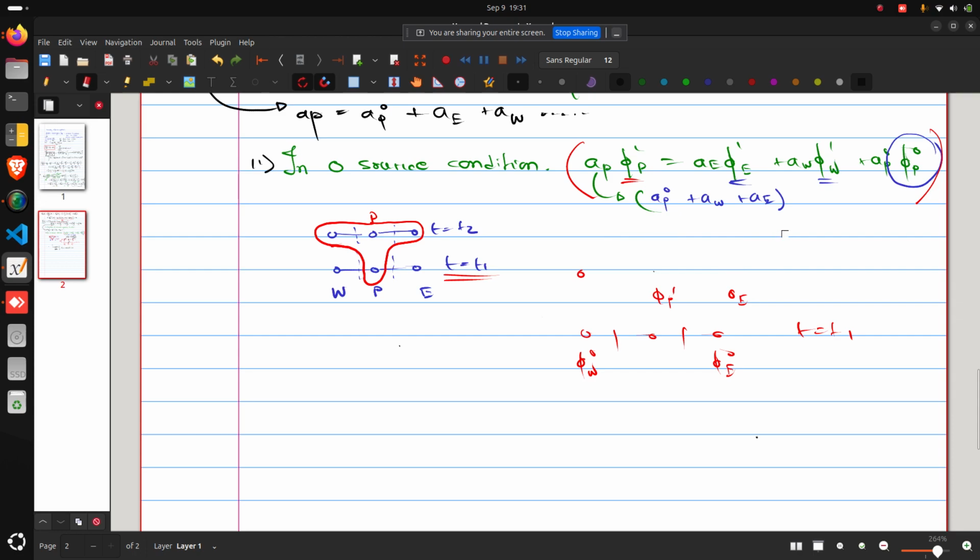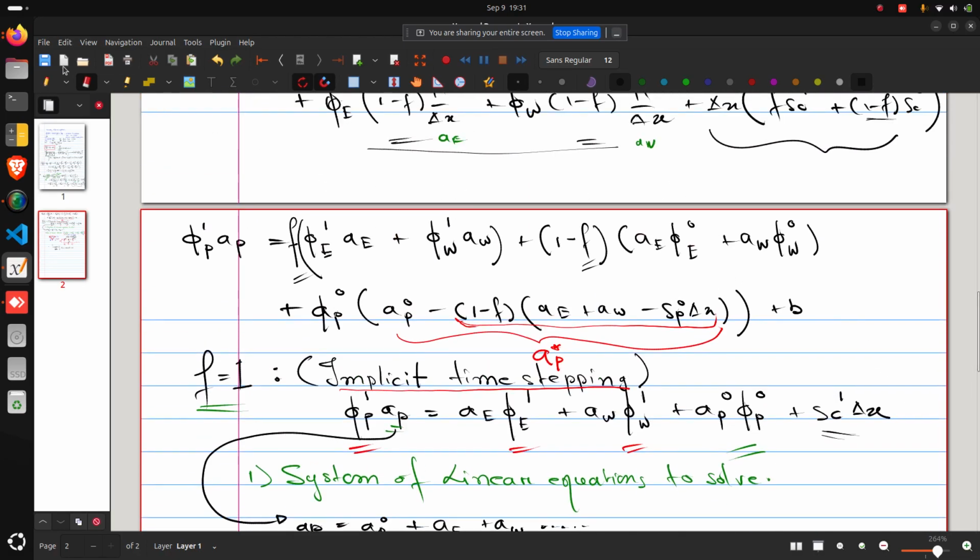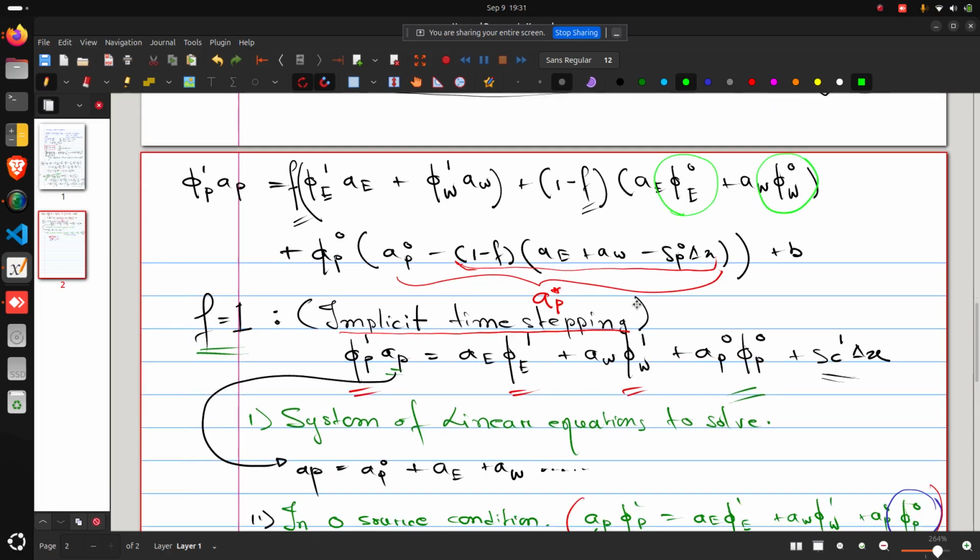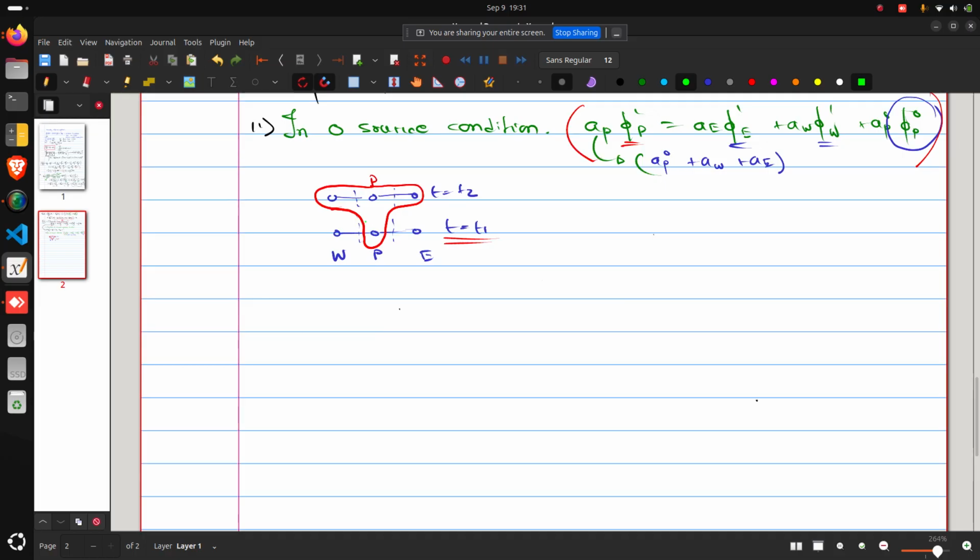Also, if you look at the general form we had derived, the general time stepping steady unsteady diffusion equation, there is always a scope for having other neighbors also. We can have all combinations of things, where P depends on all of these neighbors.